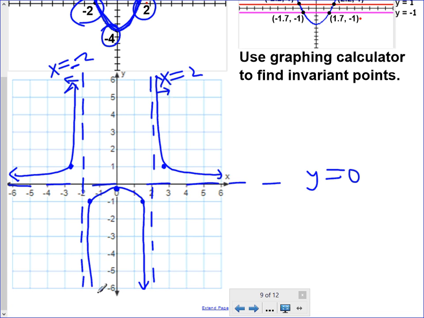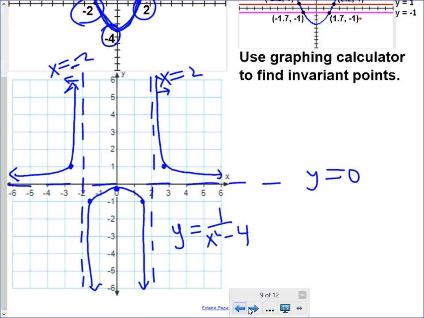So it is the opposite in that middle section. So I know altogether here, this is the graph of 1 over x squared minus 4. And you can verify all of that on the graphing calculator. We have two sections here, the two asymptotes, the horizontal asymptote, and then this middle section here.